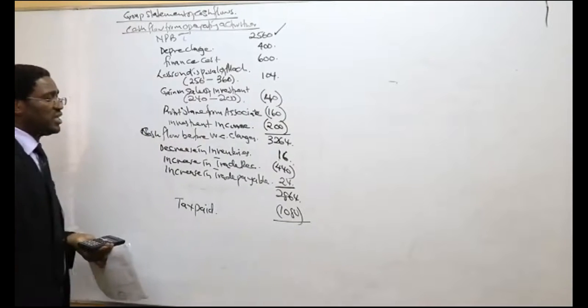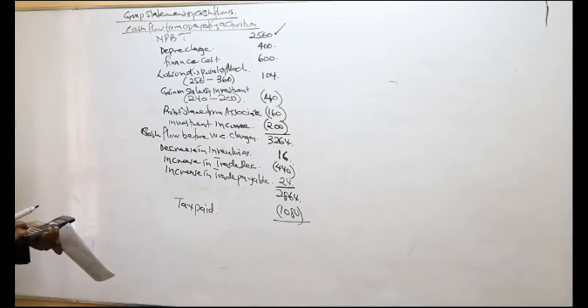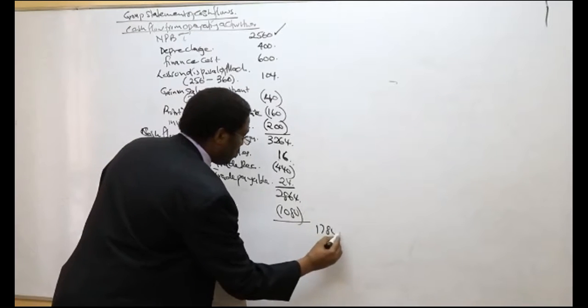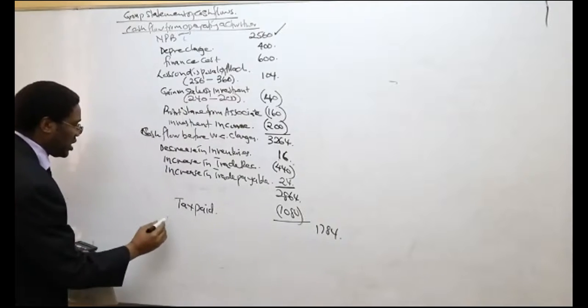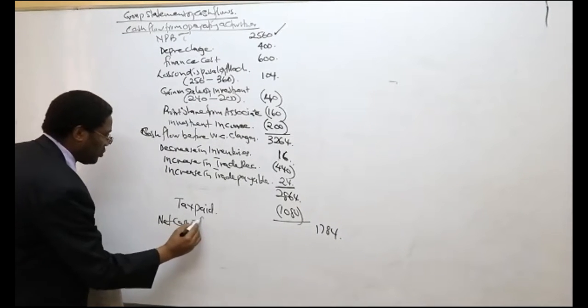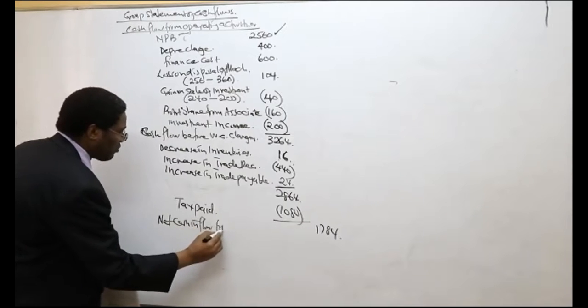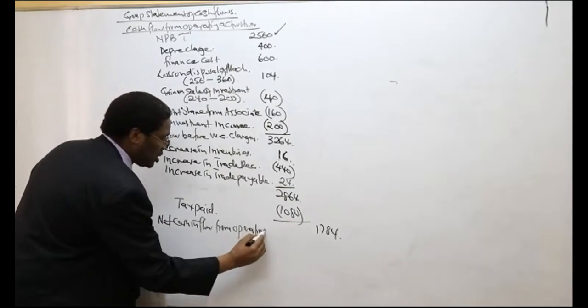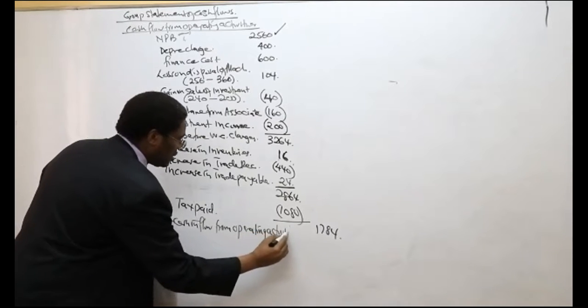Then we get the net, and that comes to 1784. That is what we are calling net cash inflow from operating activities.